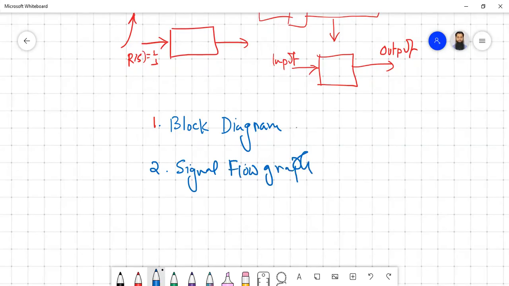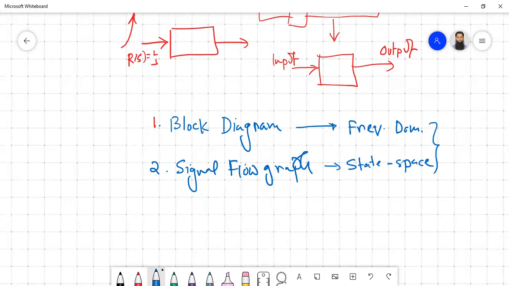In general, block diagram is used for the frequency domain, and signal flow is used for state space representation. But this is not rigid or limited only to that; both of them can be applied to the frequency domain.